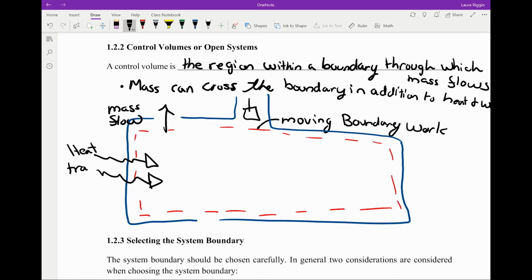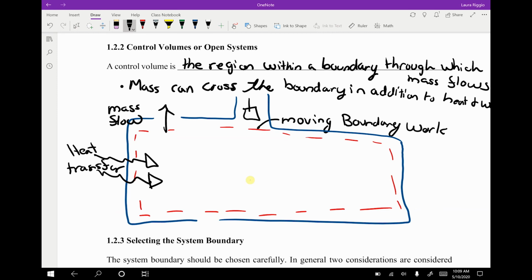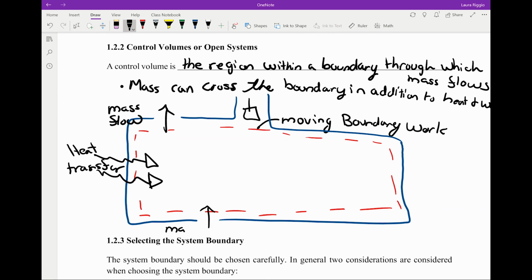I can still have heat transfer. I can have more mass flow over here. I can still have electrical work.